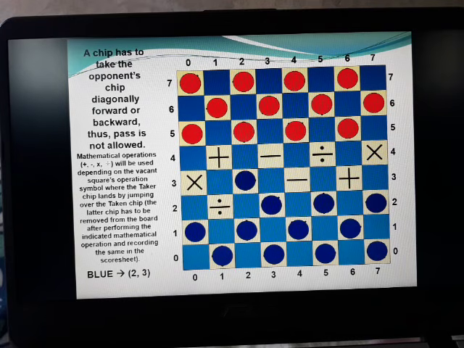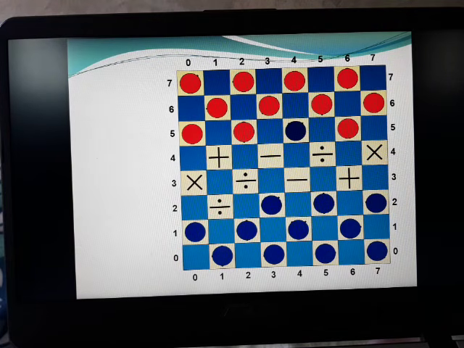Here, for example, blue moved to 2, 3, and then red moved to 3, 4. Then blue takes red, so blue times red. Then red takes blue, that is red minus blue. So red divided by blue.